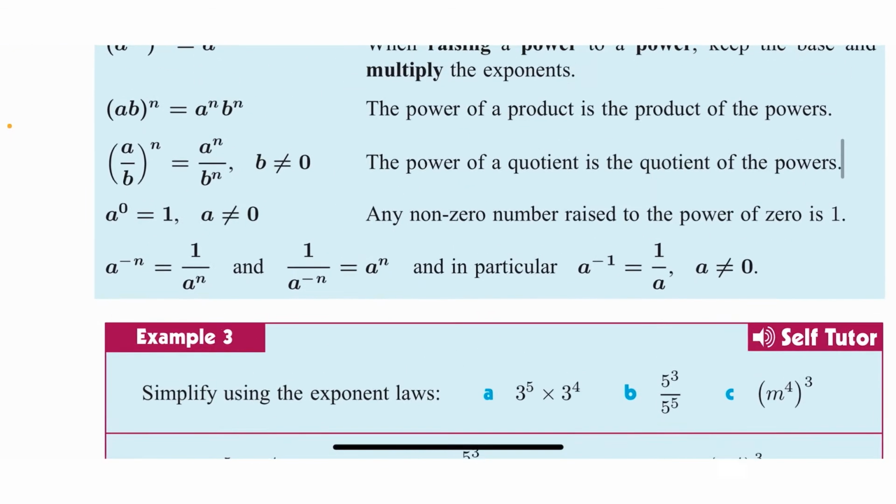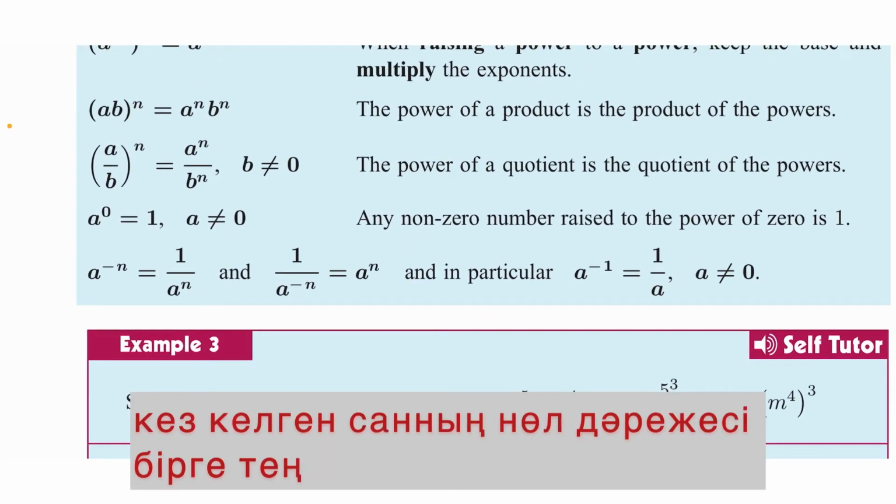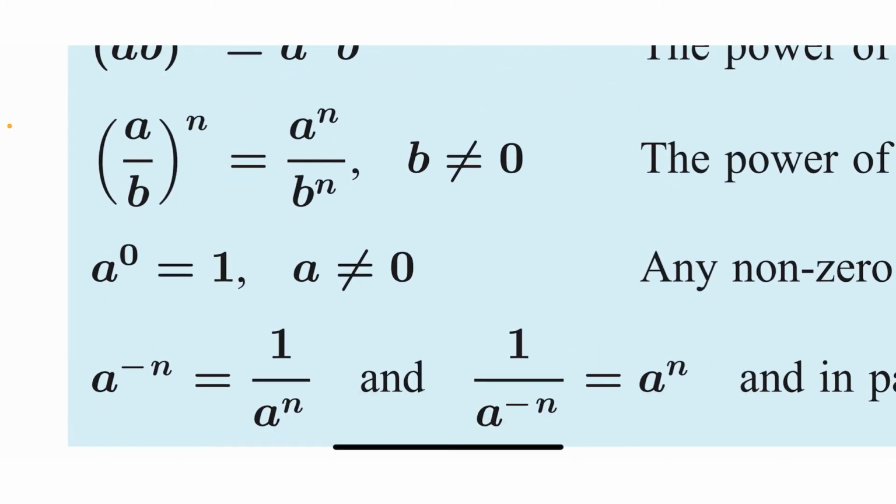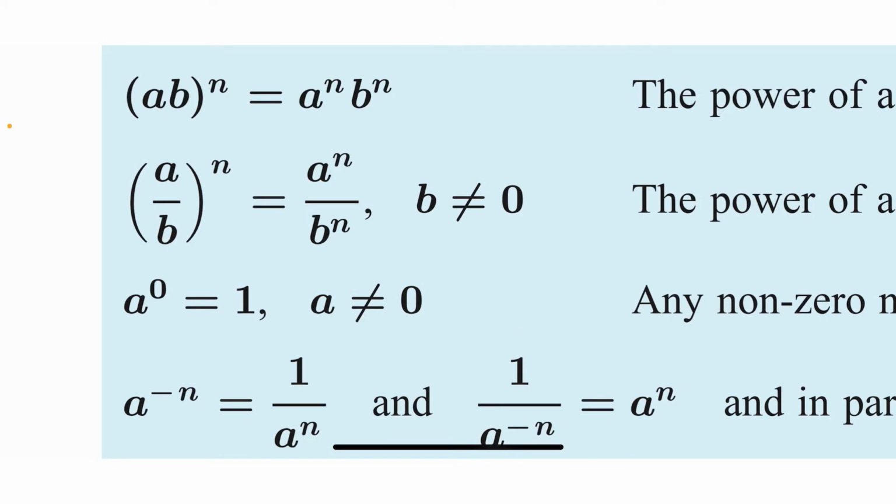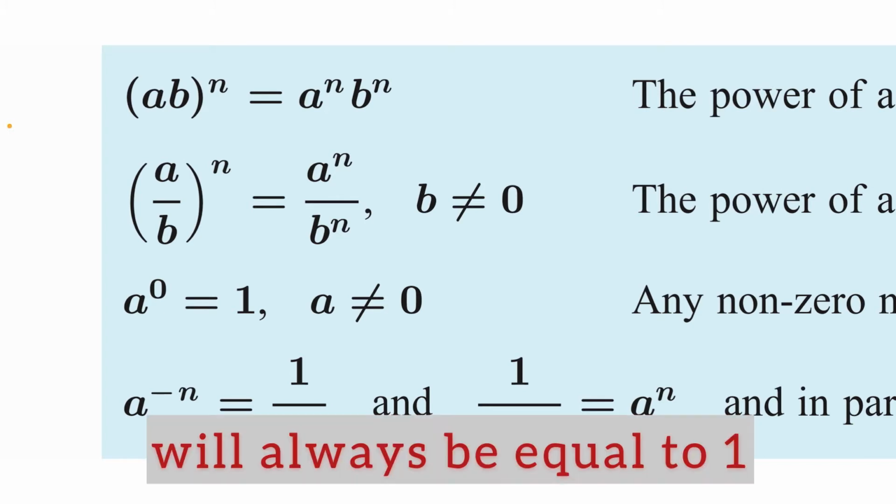Any non-zero number raised to the power of 0 is 1. So any number except 0, when we raise it to the power of 0, will always be equal to 1.